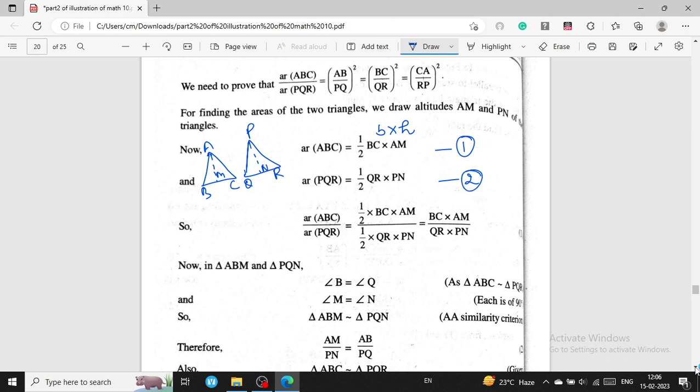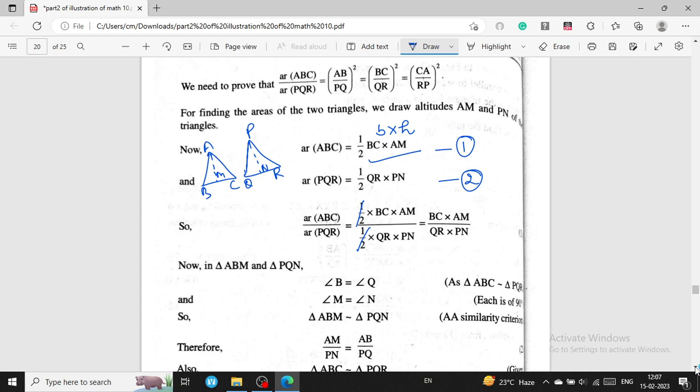This is your second equation. When we take it in ratio form, we can write area of triangle ABC over area of PQR is equal to 1 by 2 BC multiplied by AM over 1 by 2 multiplied by QR into PN. 1 by 2 cuts with 1 by 2, we will find BC multiplied by AM over QR into PN.